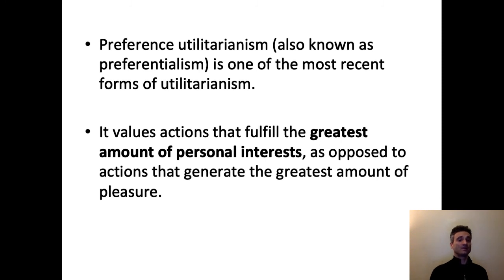He just said there are pleasures that are more important, and so the happiness that you attain from doing philosophy or writing poetry is more valuable than the pleasure you gain from eating Doritos all day and playing video games.